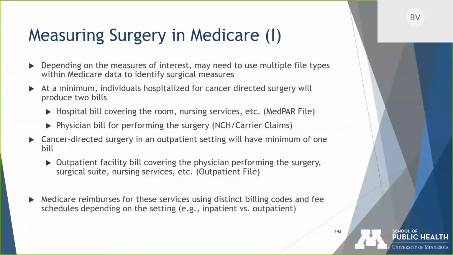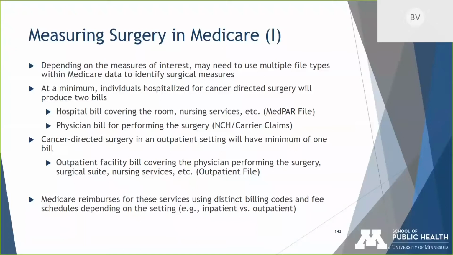If someone is treated in an outpatient setting, meaning that they were never admitted for their therapy, you will find a minimum of 1 bill, but this would be found in a different file. This would be found in the outpatient facility bill, and this would cover both the physician performing the surgery, the surgical suite, and the nursing services and other ancillary services that occurred during that treatment.